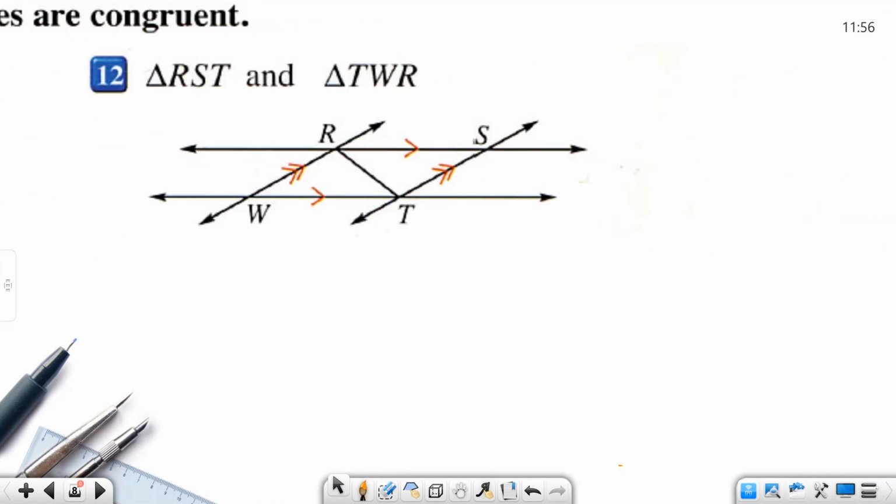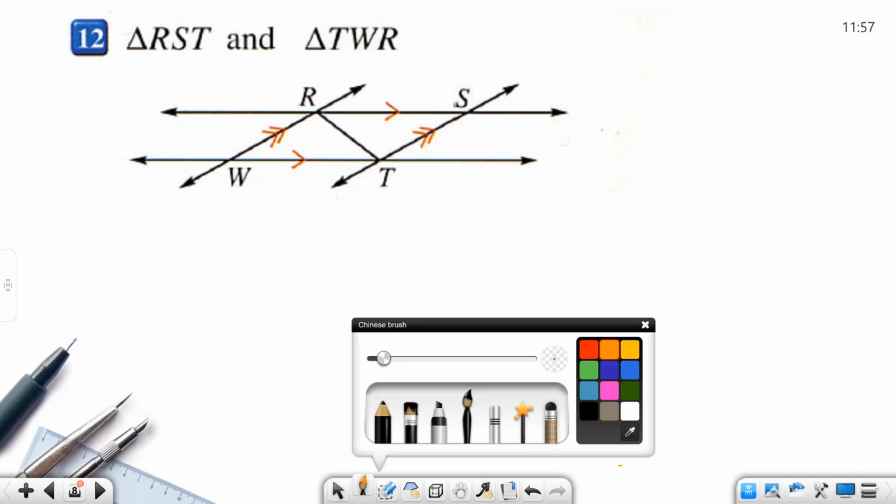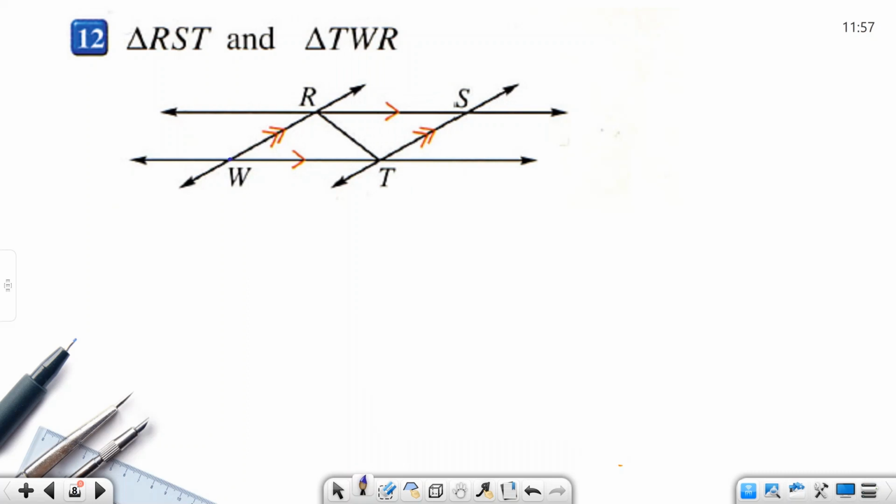I don't know, its resolution is bad now, but maybe it will be better to explain it. So let's see, look, these are the parallel lines, there are two parallel lines. One of them is WR, so this line and this line. If they are parallel, I can say that this angle is corresponding with that one.